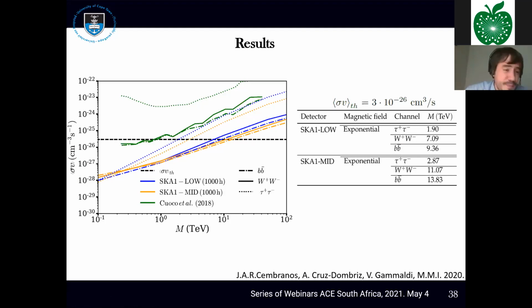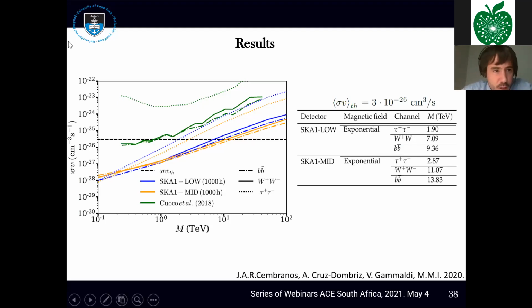What we plot here is the mass of our model, the mass of the dark matter WIMPs, against the thermal average cross section. So we consider thermal relic densities, and we show the maximum mass that the SKA will be able to exclude.